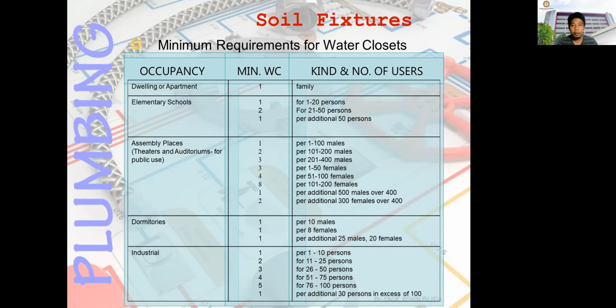So let's have the schools. If ever you have the schools, for elementary school for 21 to 50 students, it should have at least 2 water closets for 21 to 50 persons. Okay.